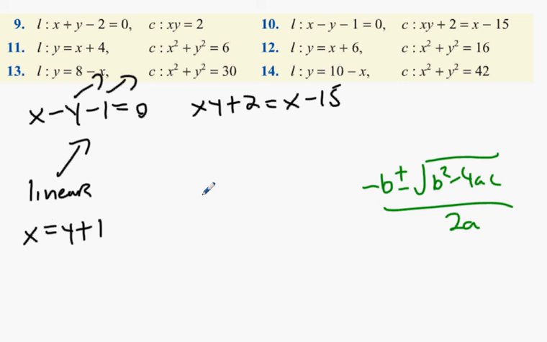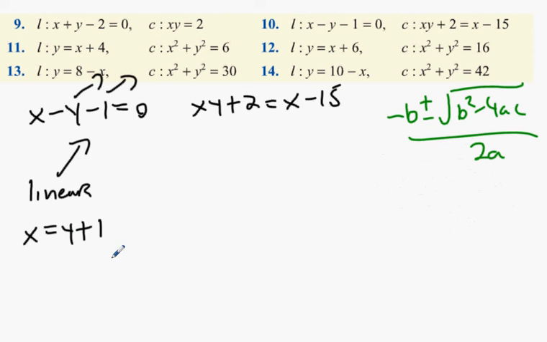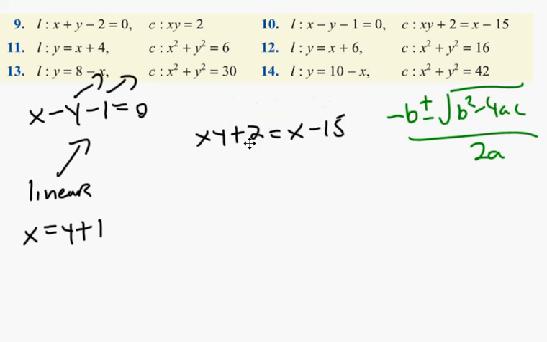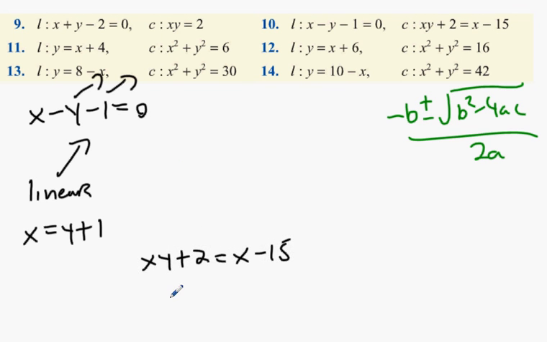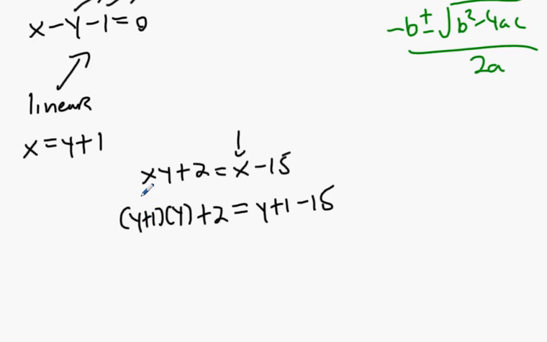Because x is on its own, you go to the quadratic, and anywhere you see an x, you replace it with y plus 1. So what's going to happen here is it's going to be y plus 1 multiplied by y plus 2 equals, now what did we say x was again? y plus 1 minus 15. We multiply it out. y times y, y squared. 1 times y, y, plus 2.